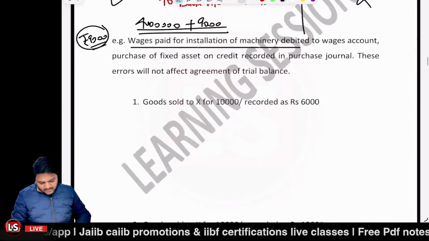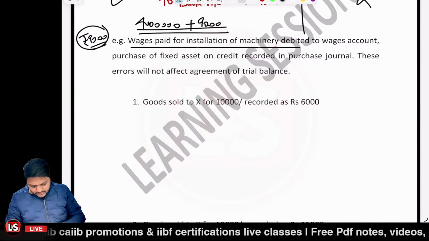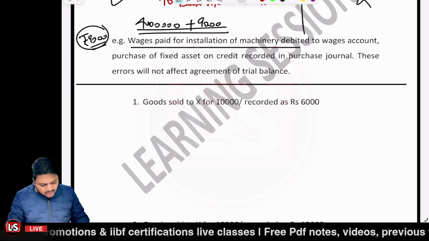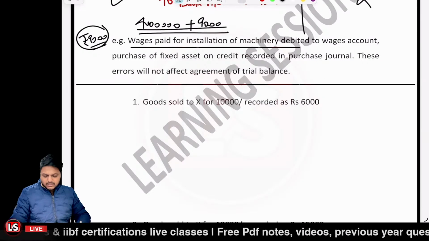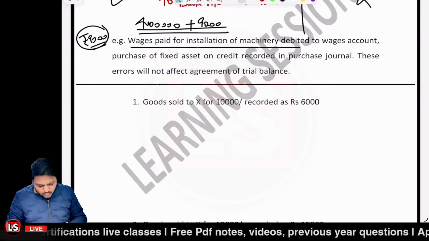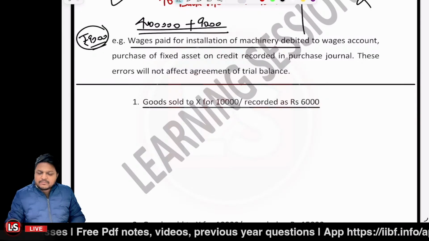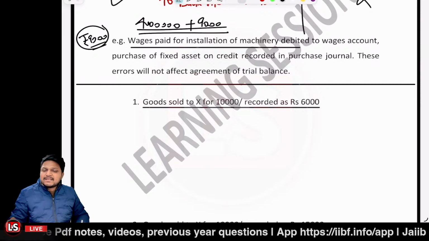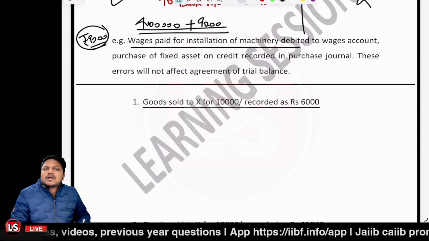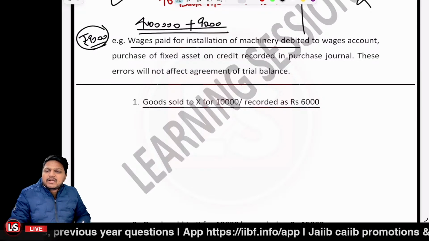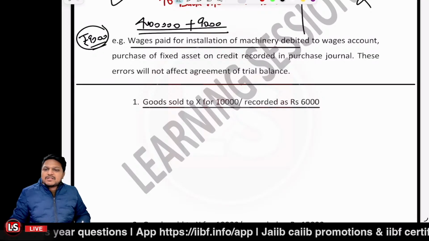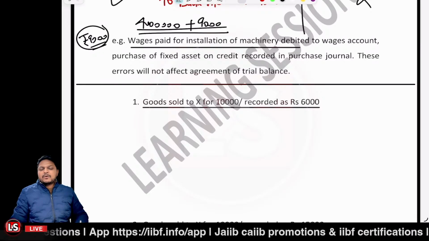Now let's have a look at this particular point. We'll try to solve the questions and rectify them. Goods sold to X for rupees 10,000 recorded as rupees 6,000. You will be asked in the exams to tell the rectification entry and what type of error is there, and it's very important to understand.